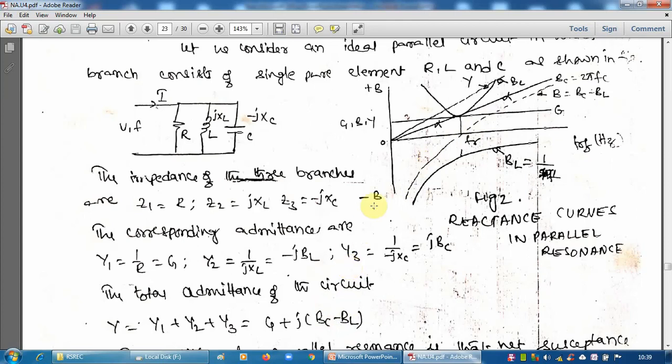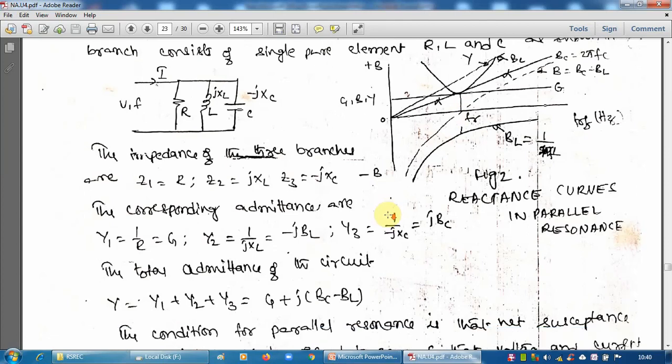The condition for resonance of the parallel circuit, I am again saying, is that the net susceptance must be equal to 0, so that Y is only equal to G. So we can observe that the net susceptance from this curve is 0 at the resonant frequency. The same points as in the case of the series circuit, here in a reciprocating way we can observe. This is easy to compare.